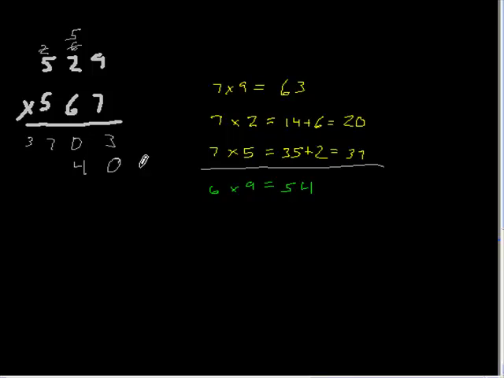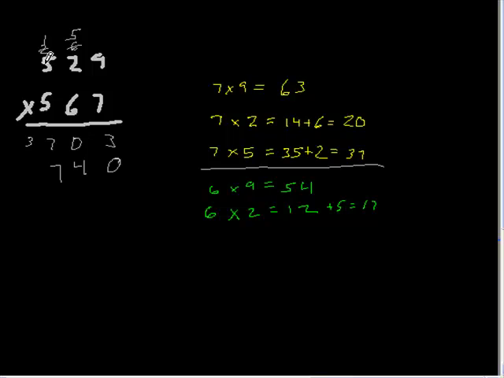Now I'm going to multiply the 2 and the 6 together. 6 times 2 equals 12. But I've got to add that 5 that I carried over. Which equals 17. Put the 7 down, carry my 1.